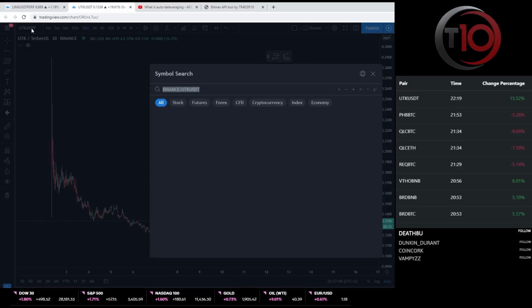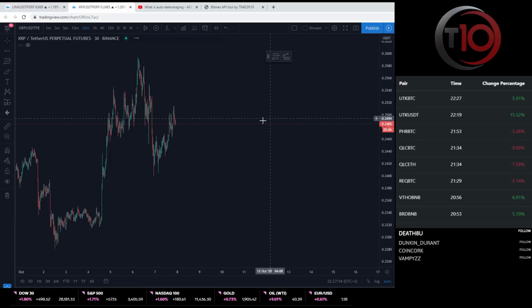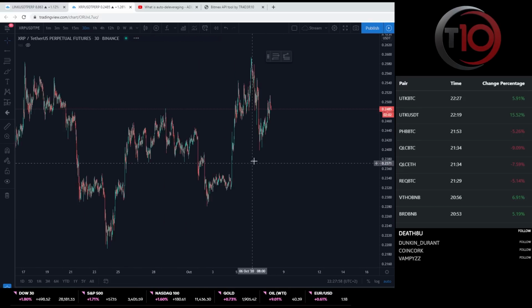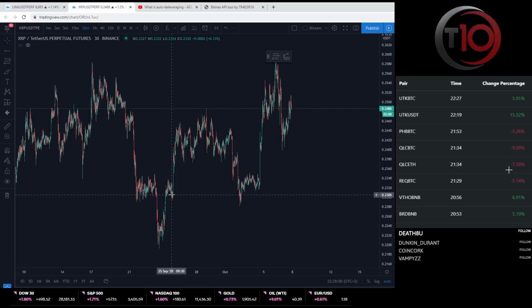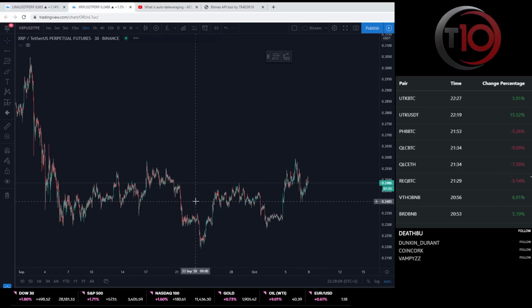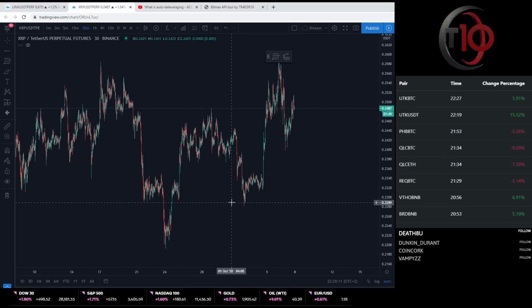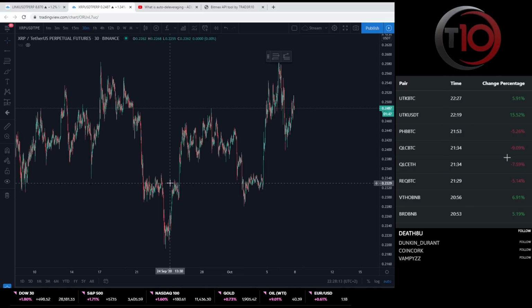XRP. I know I did a long XRP. It's 22.8 something. This one almost stopped me out, but it was okay. We tested.